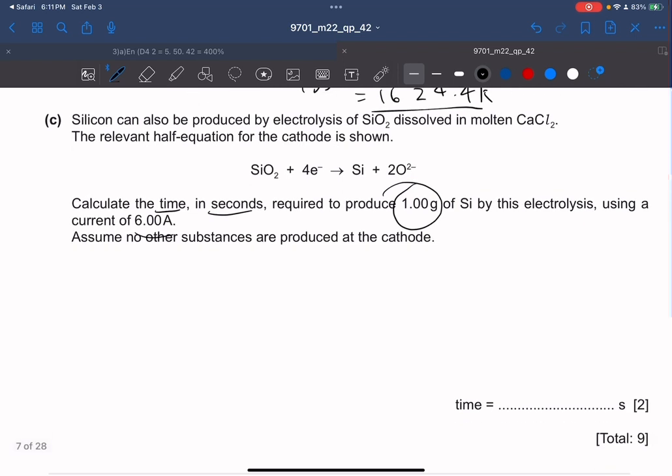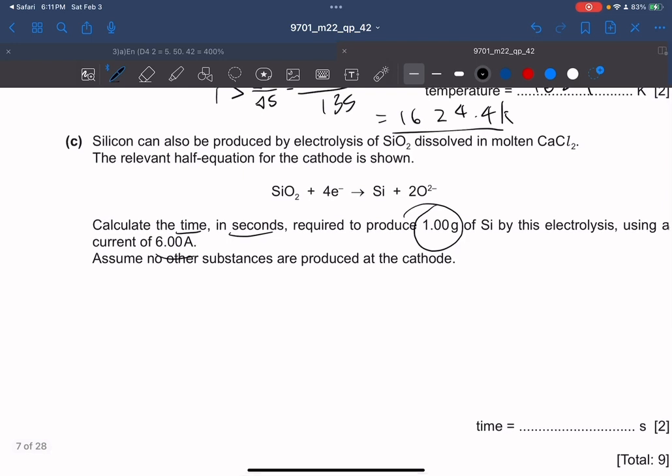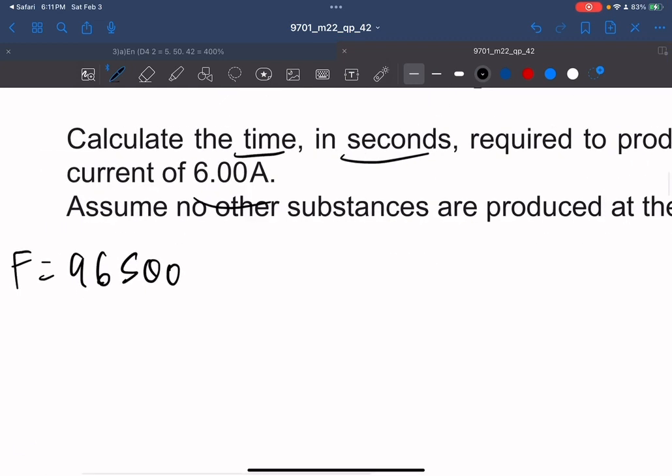So we're gonna find the time to produce 1 gram, but we need to find an equation that relates how much we're gonna get in the first place. So I think how I would do this is first to figure out how we're going to use Faraday's constant here. The reason for that is, I think Faraday's constant is one of the only constants that relates charge to mole.